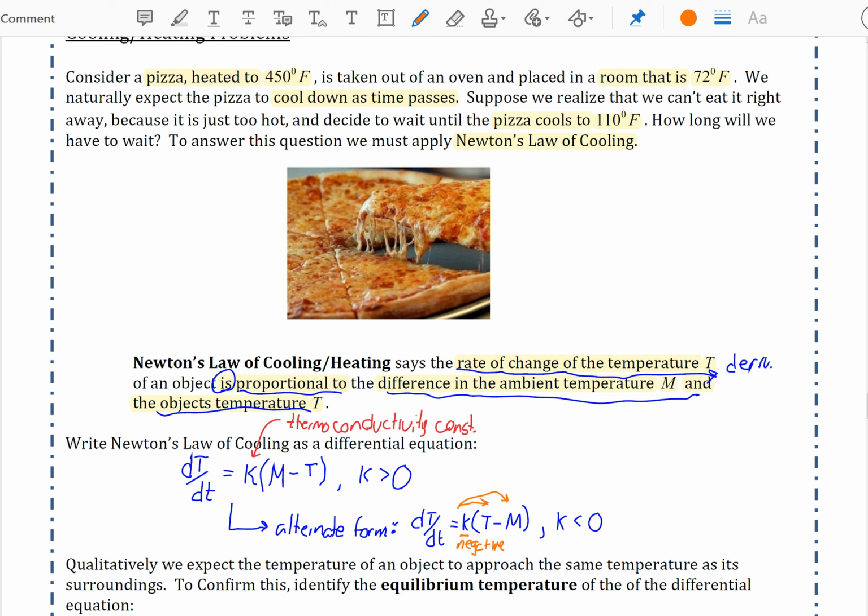If you distribute the negative sign, the T becomes negative, and then the M becomes positive, which matches, I think I said that backwards. The T becomes negative, and the M becomes positive, which matches the form given by our author. Now, I'm going to be using the first form of this differential equation, that is the one that our author provided.